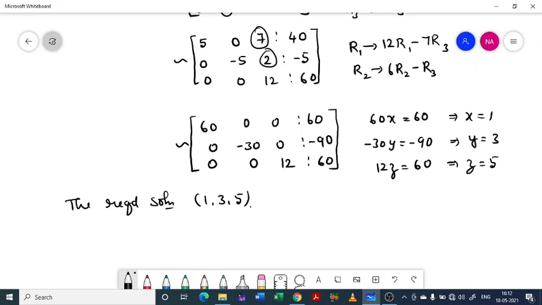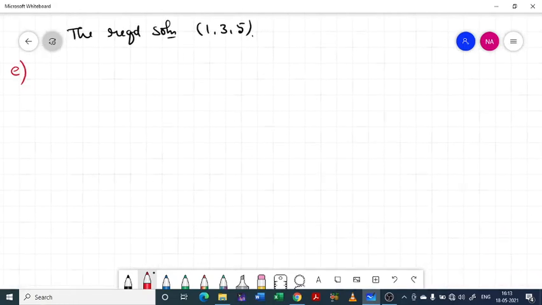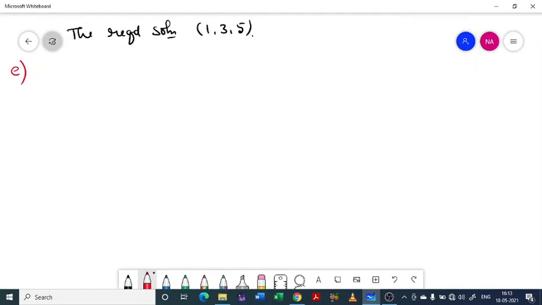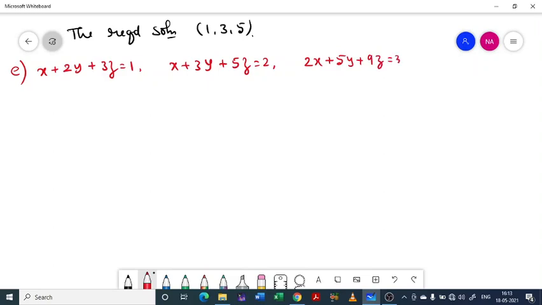Now problem E, let us solve problem E. The given system of equations is x plus 2y plus 3z equal to 1, x plus 3y plus 5z equal to 2, 2x plus 5y plus 9z equal to 3.